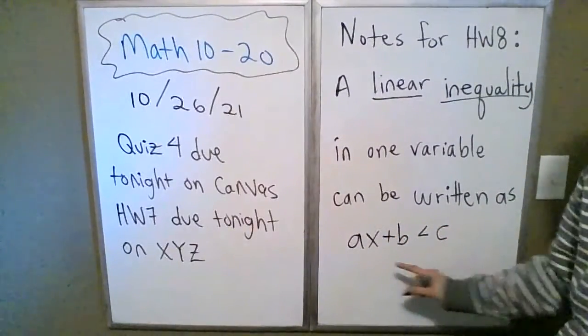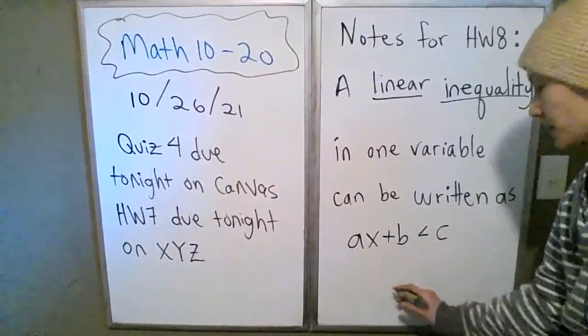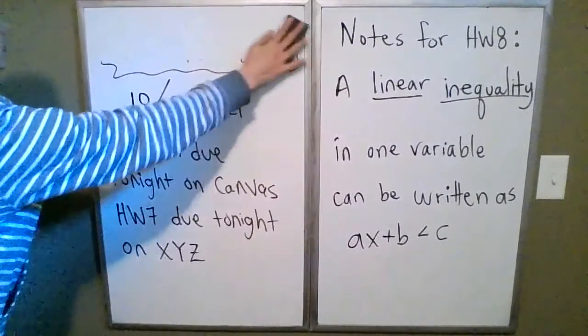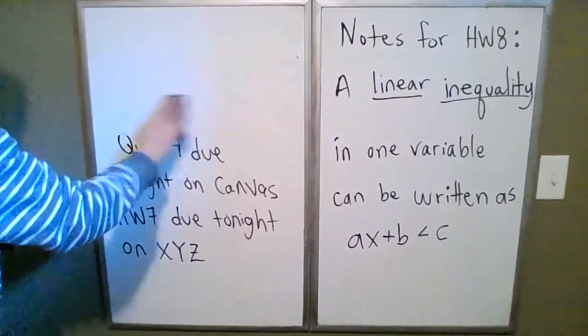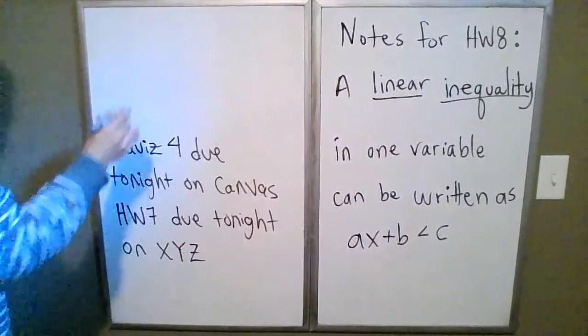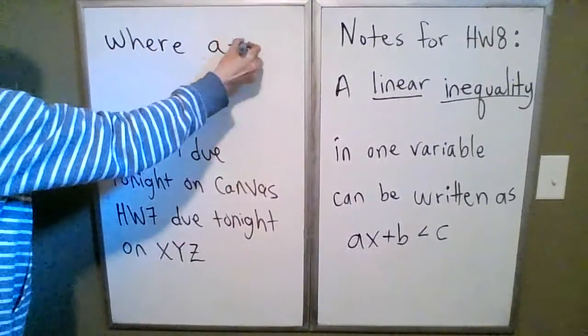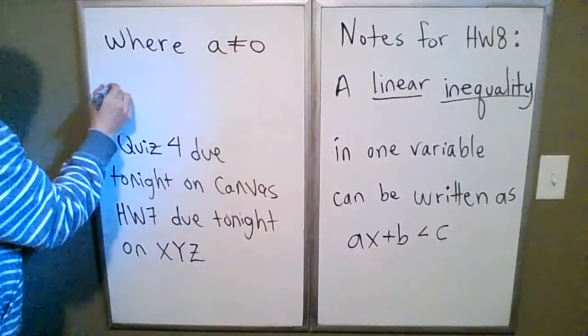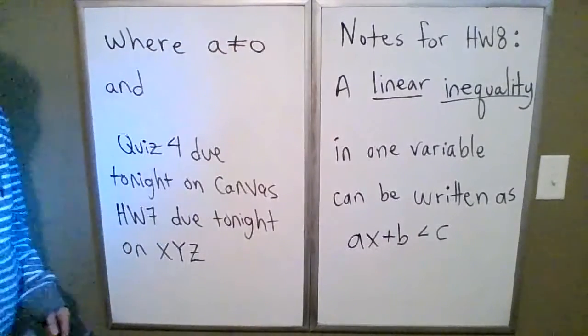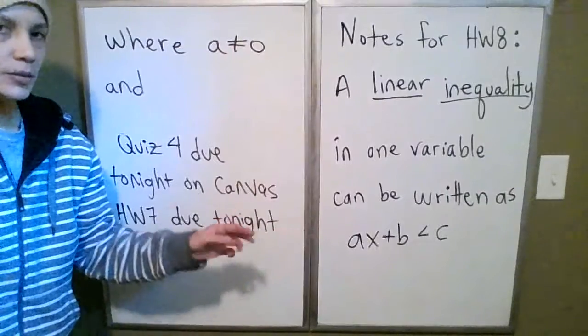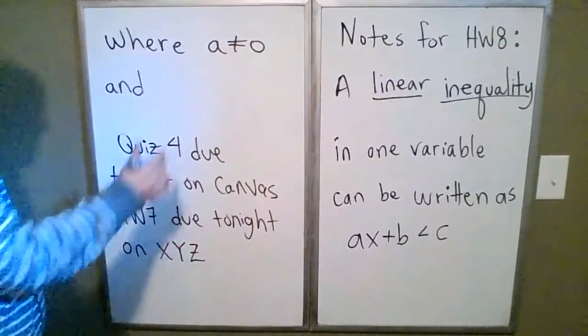So some side notes. First, a is not 0. And you can switch the less than sign with greater than, less than or equal to, or greater than or equal to.